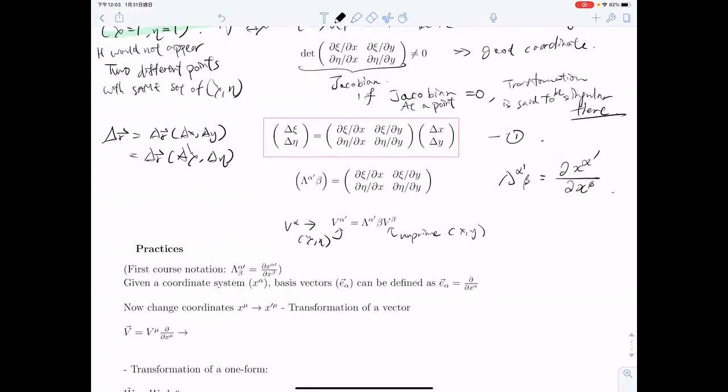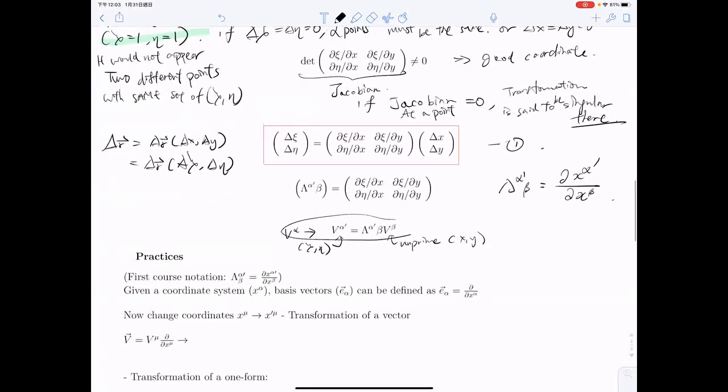A vector can be defined as something whose components transform according to this equation. This is the modern way which we now introduce.